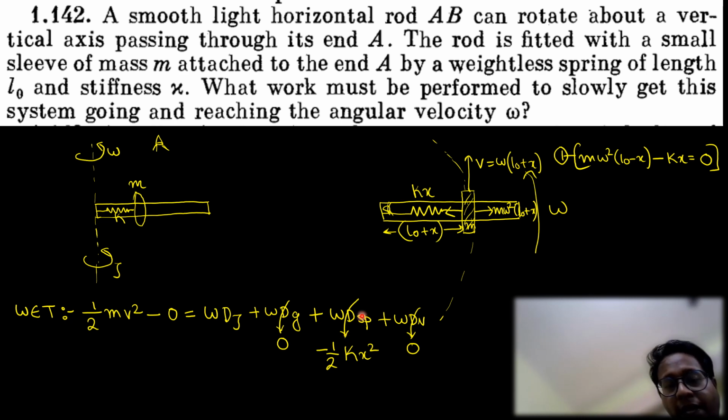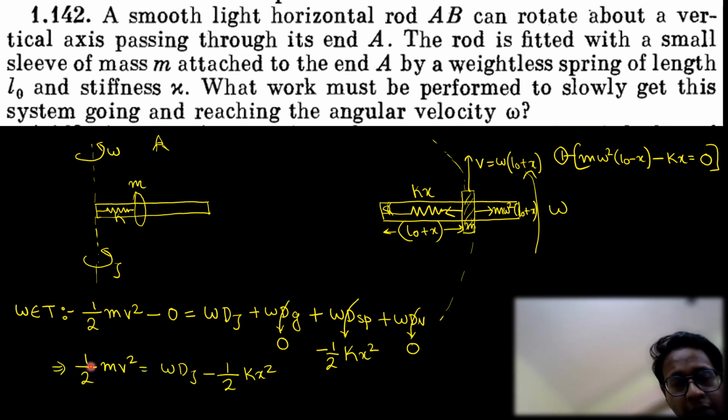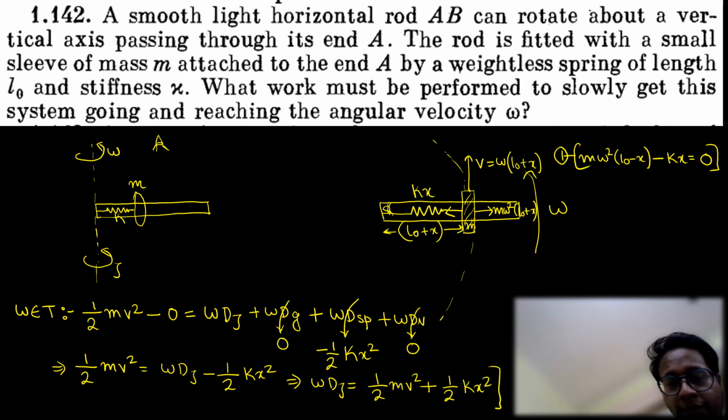Now if we analyze this equation and rewrite it properly, half mv square, where m is the mass of the ring, is equal to work done by torque minus half kx square. So work done by external force torque is equal to half mv square plus half kx square. This is our equation number 2.